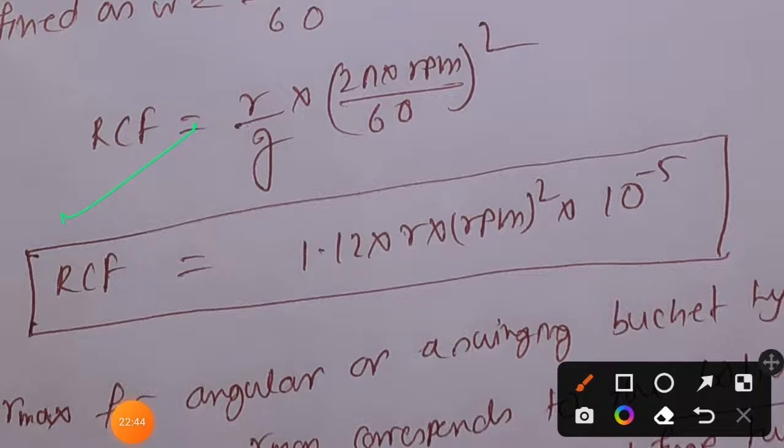As the centrifugal field is totally relative and depends on the type of rotor we have used and the operating speed, if we want to standardize something, we have to look for either the maximum value or the minimum value so that we can standardize.